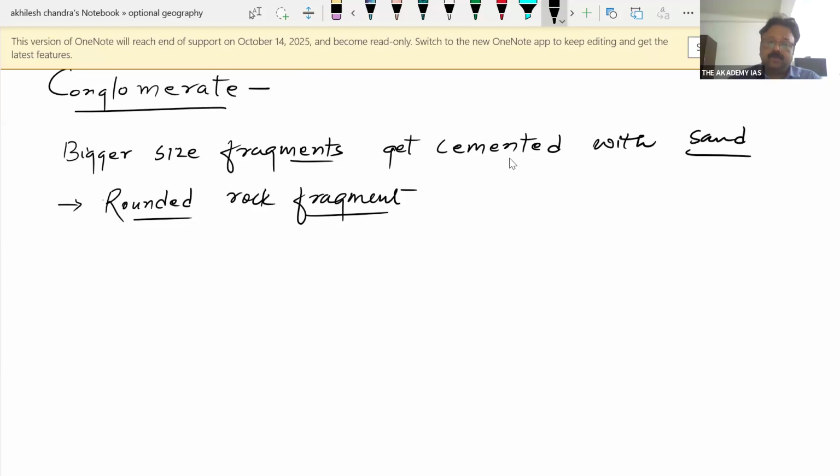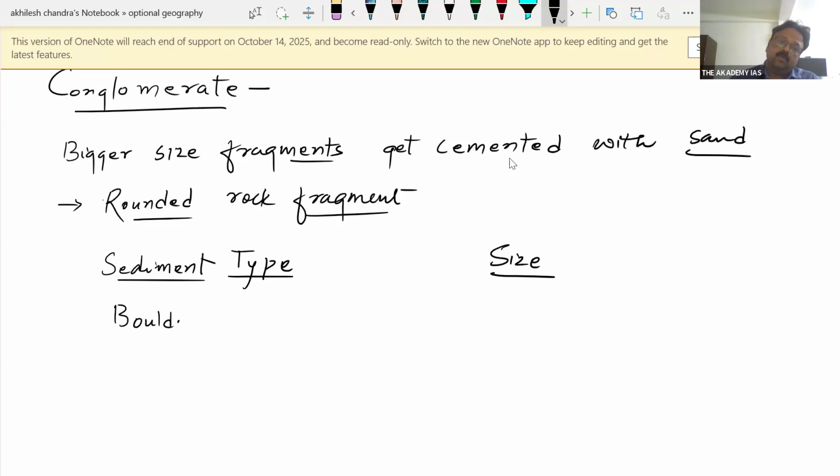So, the sediment type, the fragment type, and their size. I'm just writing, and if it is boulder, something bigger than 256 millimeter. That means 25.6 centimeter से बड़ा हो तो उसे आप boulders कहते हैं.